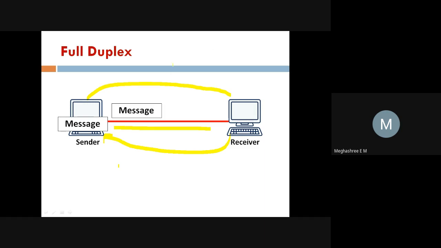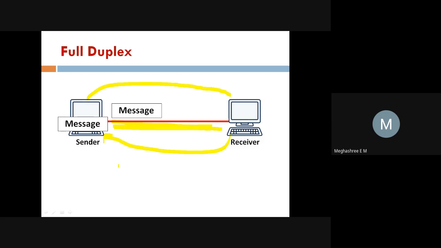When there is full duplex, whatever transmission link is provided between the sender and the receiver, this channel will be shared between them, because at the same time the sender can send data to the receiver and the receiver can send data to the sender. So whatever link is provided, the capacity will be shared between sender as well as receiver. That is all about full duplex.